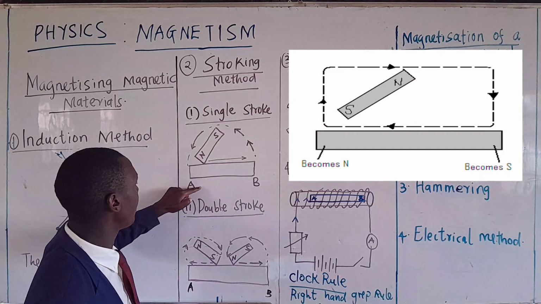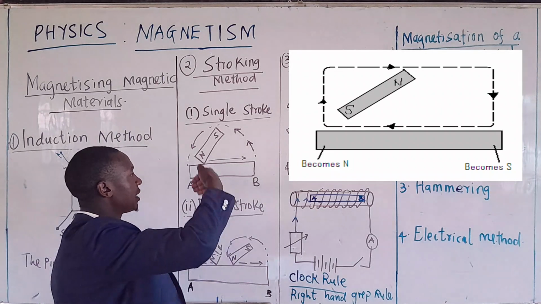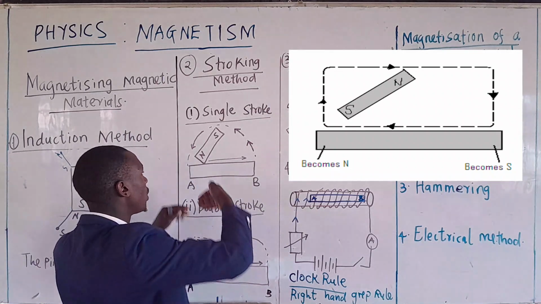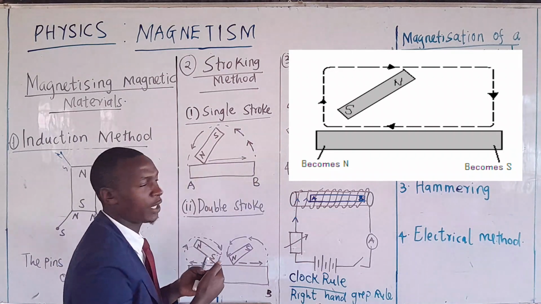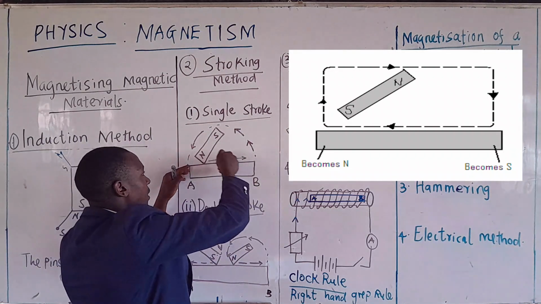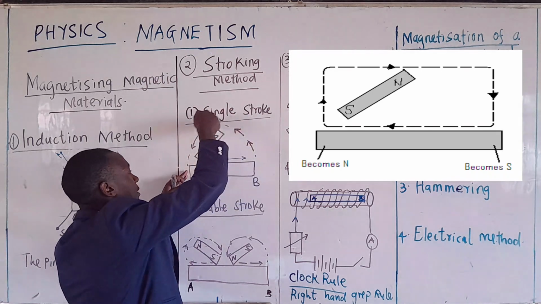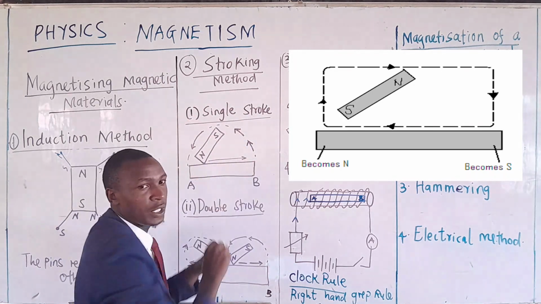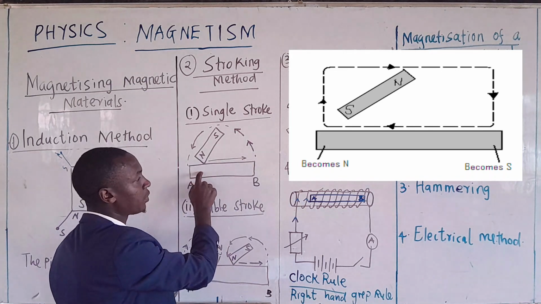So we have a bar here, AB, and we want to magnetize it. For us to magnetize using the stroking method, we are going to stroke the bar using the magnet in this way. We rub over, then take it in this direction, then come back, again rub, again rub. What you're doing therefore is trying to align the dipoles. Remember the dipoles here.